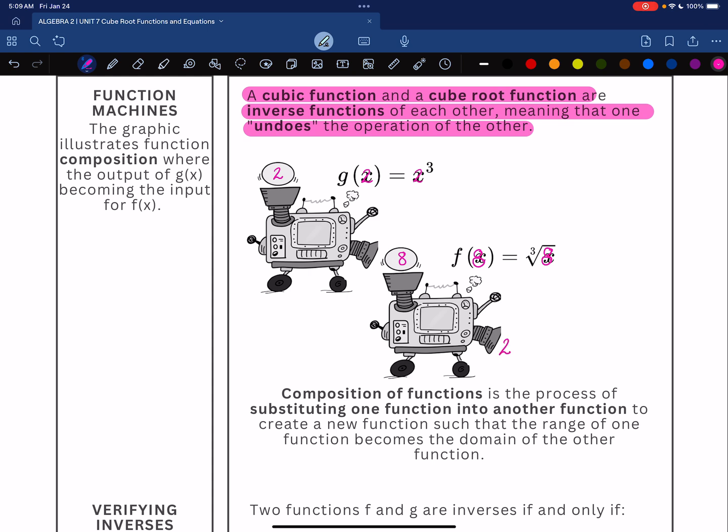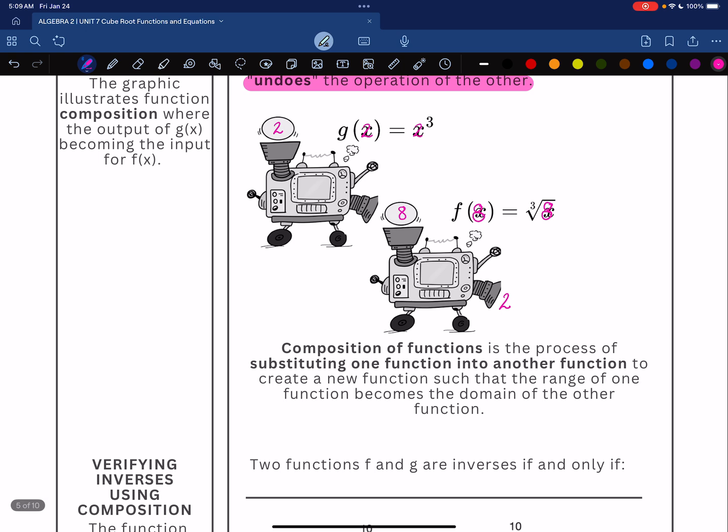So what just happened? What was originally the input when this system was applied to it, and this is a system of functions that are inverses of one another, the original input is the output after the system has been run.